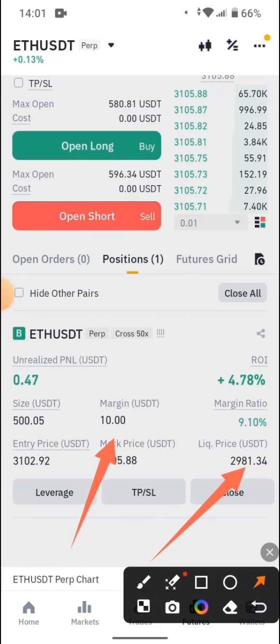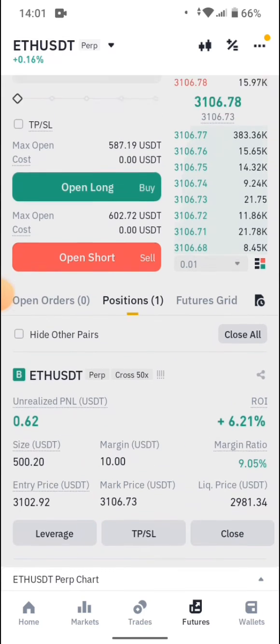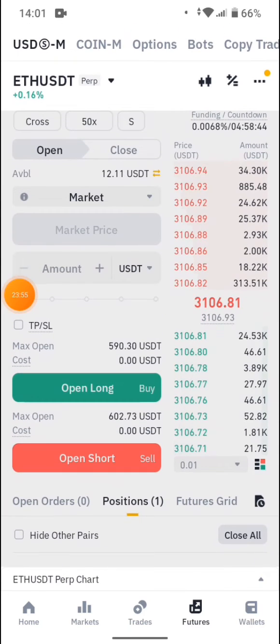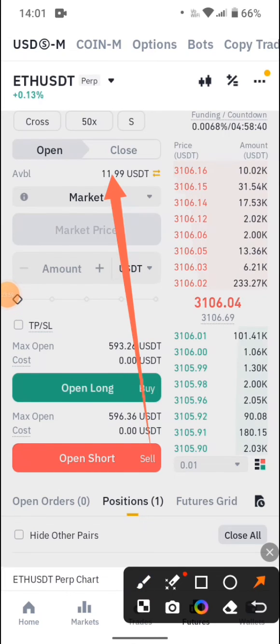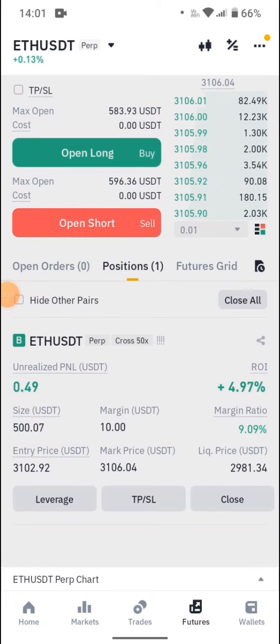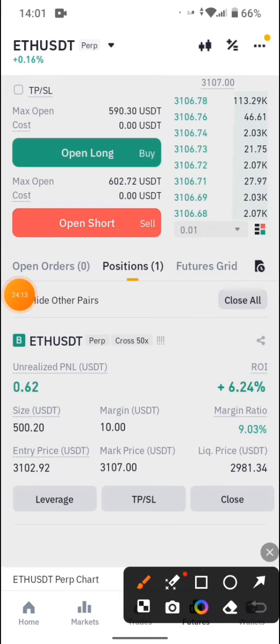We are not only going to lose this 10 USDT that we placed, we are losing our entire account. This money you are seeing from the top here, we are going to lose everything in our account. So this is the danger of using cross margin. But the good thing of using cross margin again is it pushes your liquidation very far.